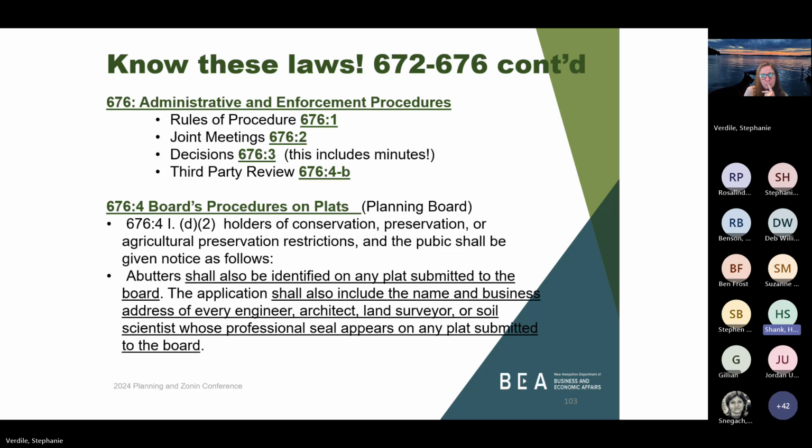I would say that's what I have done in the past, not the post office, but the library, the town hall, and the website is what we've done. Yep. And forgive my ignorance, but maybe Steve or Ben knows, I think they may have tweaked that RSA as far as the notification board, because normally the RSA says whatever your subdivision regulations say. So it depends on what your regulations say as far as where you're posting it and whether that library newsletter is enough.